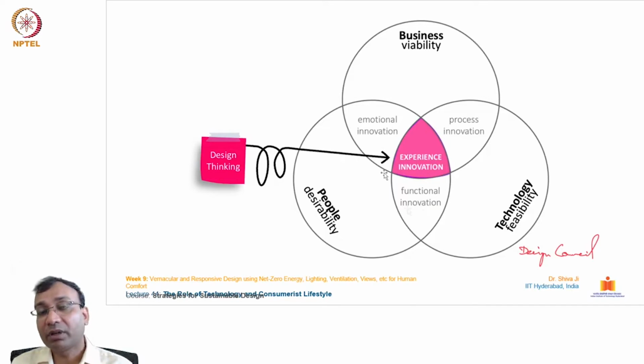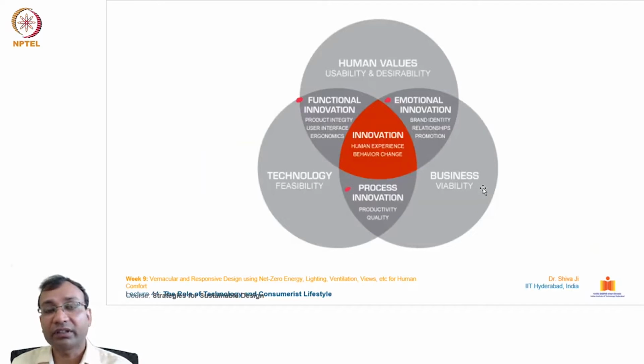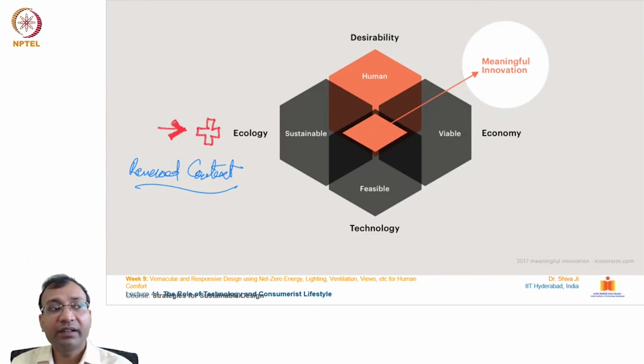At the cusp of all three is the total innovation, or the experience of overall innovation they are talking about. You can understand it in more detail here, like the human experience and the behavior change. Recently, in the renewed context of sustainability studies and global warming, and the new paradigm shifts which are happening, we are in a transition phase right now.